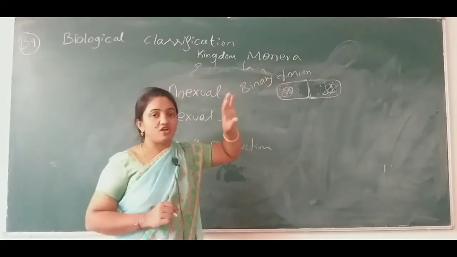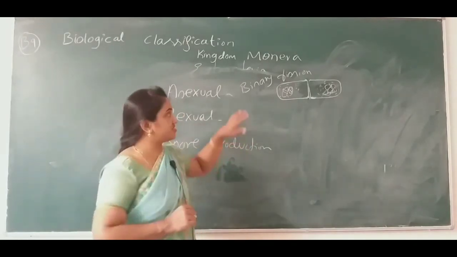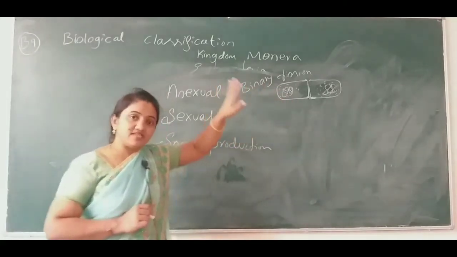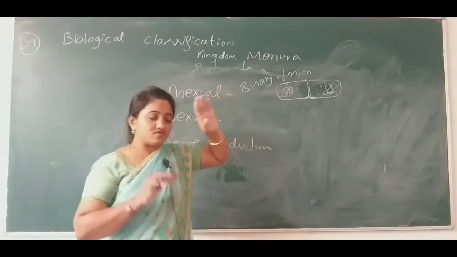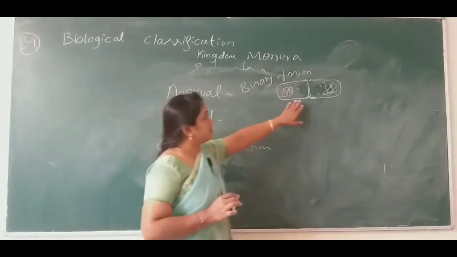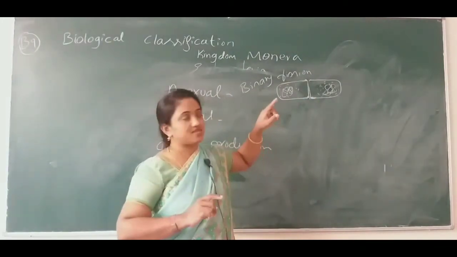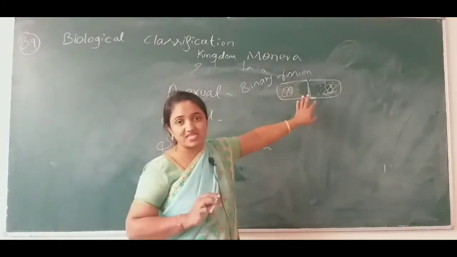Without the involvement of two parents or gametes, the reproduction took place in the bacteria. This type of reproduction is known as asexual reproduction, where one cell gives rise to two equal halves. So this is the small bacterium now.